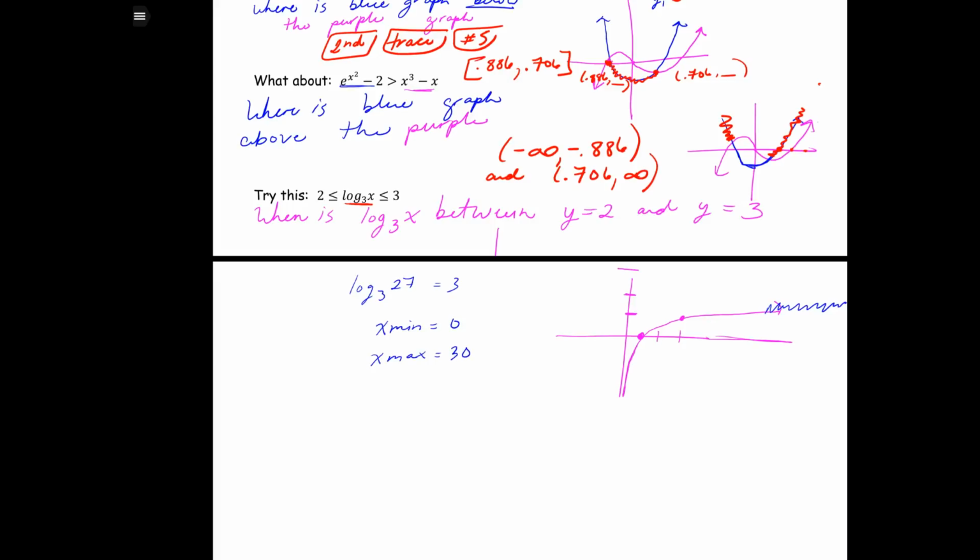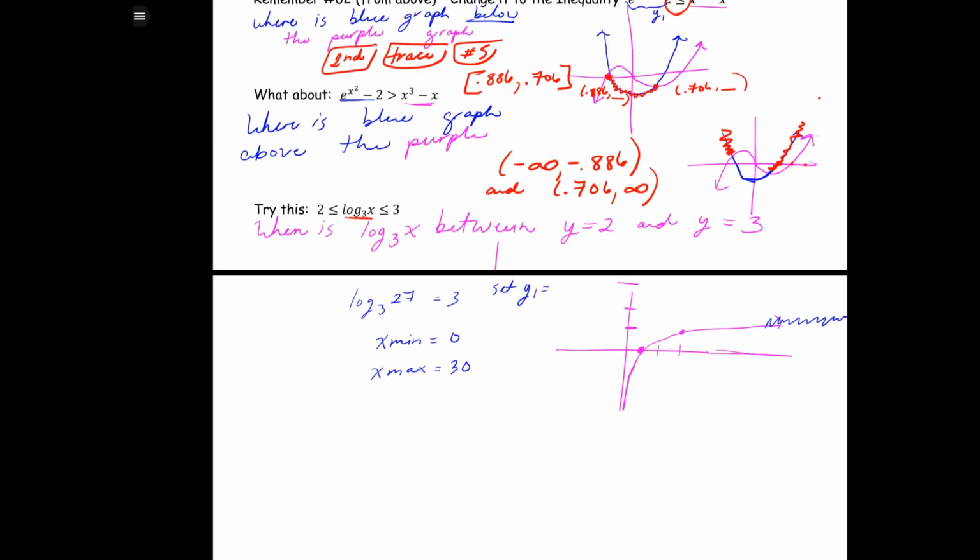And then if I'm looking for where it is in between, I'm going to set y1 equal to log base 3 of x. I'll set y2 equal to 2 and y3 equal to 3. Wait, sorry, that's x, I drew that piece in as 1.